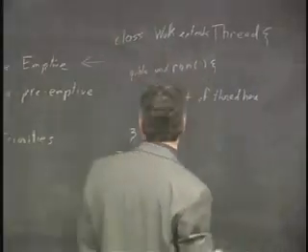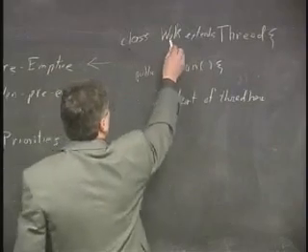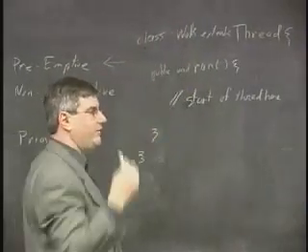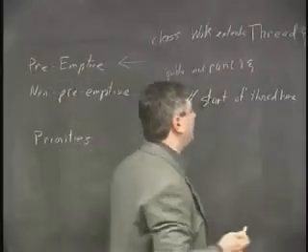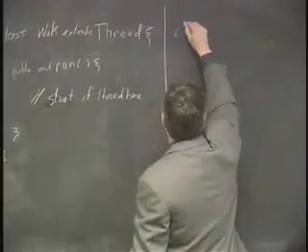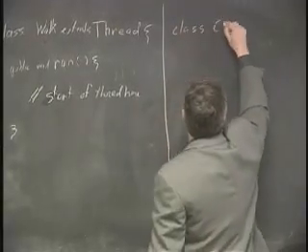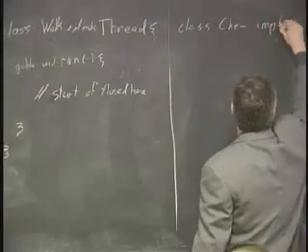The other way to do this, if, for example, Walk is already going to inherit from something else, and you don't want to use the extends, you can implement an interface called Runnable.